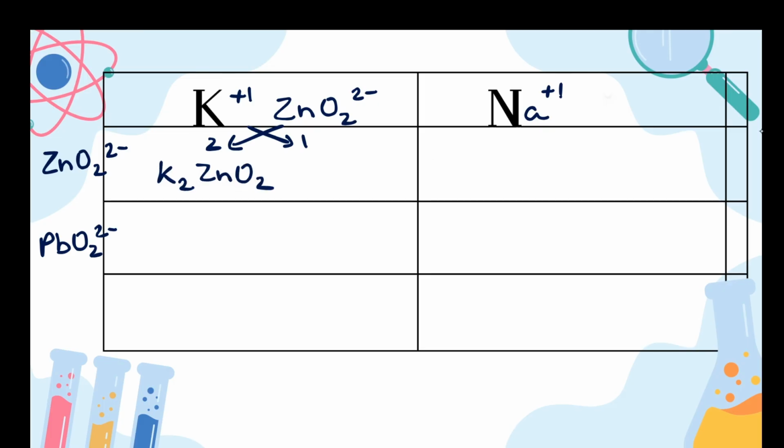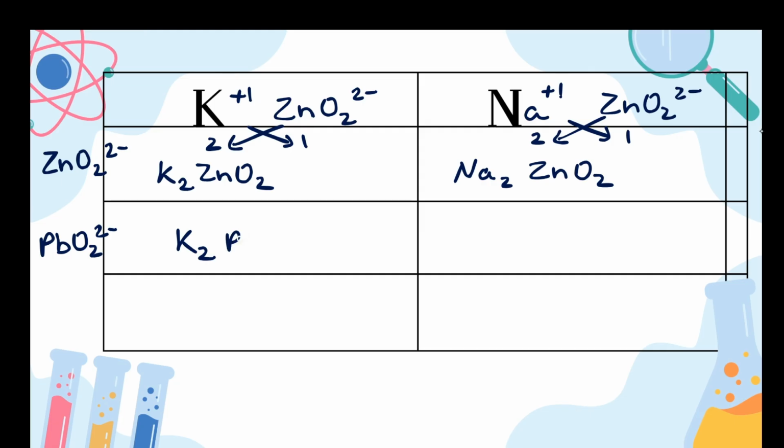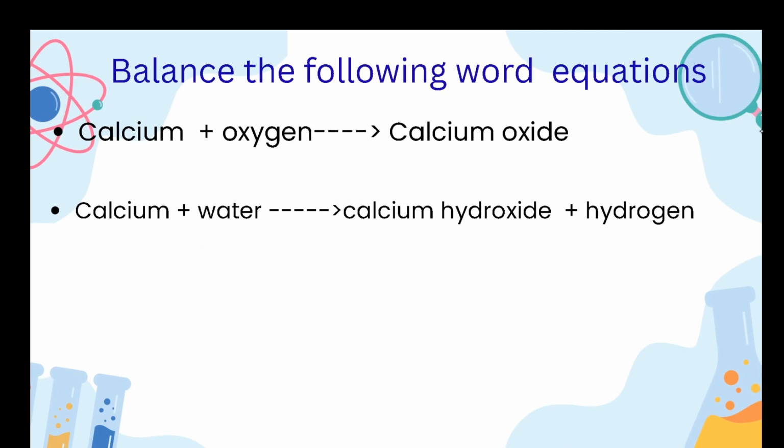Sodium zincate: sodium's valency goes to zincate and zincate's valency goes to sodium, so it becomes Na2ZnO2. Potassium plumbite will be K2PbO2 and sodium plumbite will be Na2PbO2. So these are the chemical formulas. Please practice them.